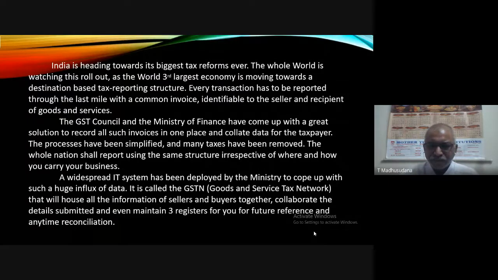Not only the data submitted by the traders and suppliers, but each and every organization also has to maintain three e-ledgers in the GST network. These three e-registers are helpful for the traders in maintaining their business accounts.